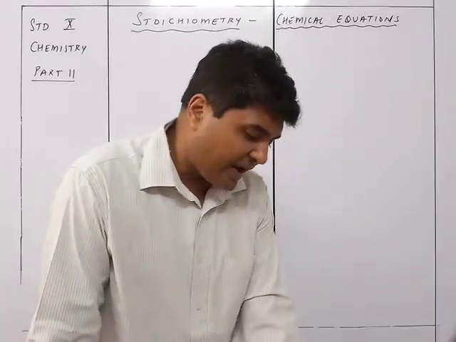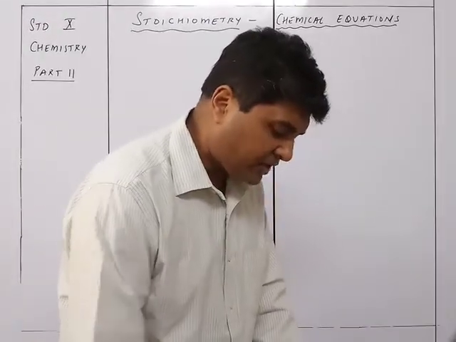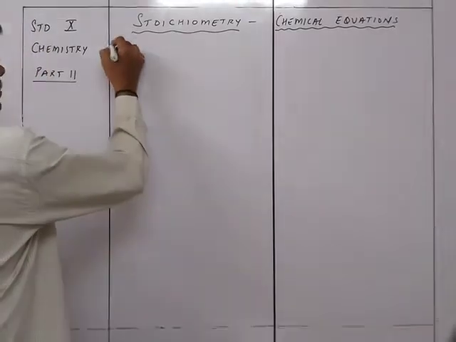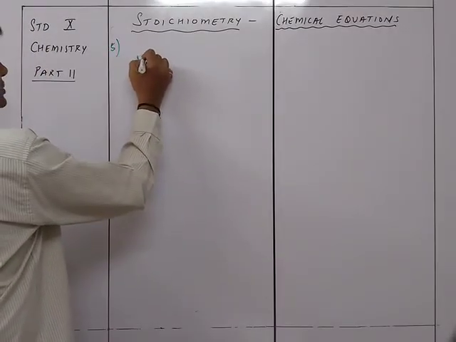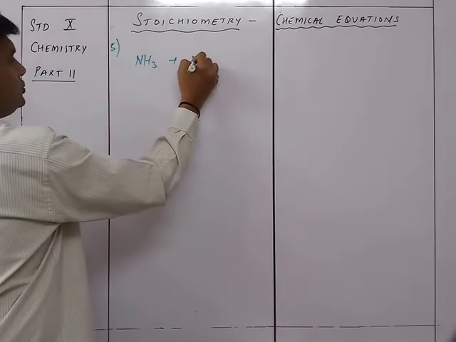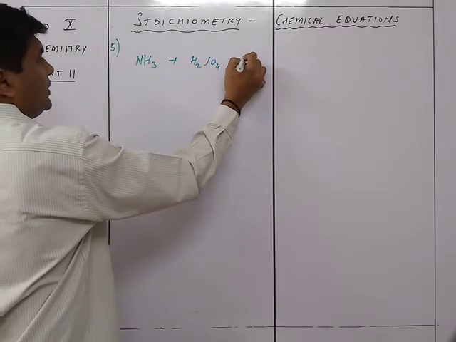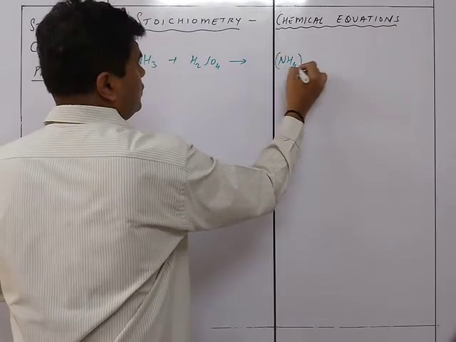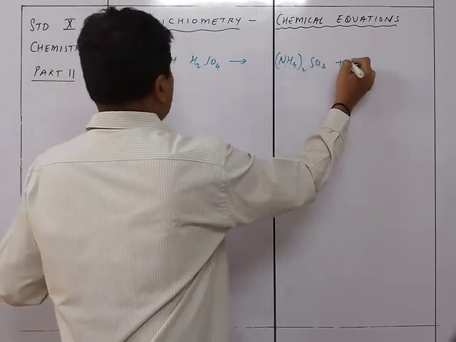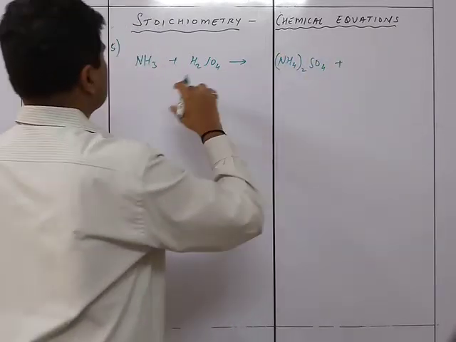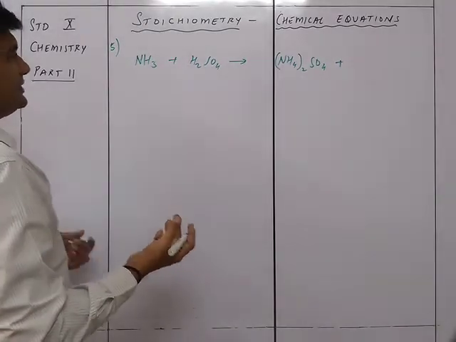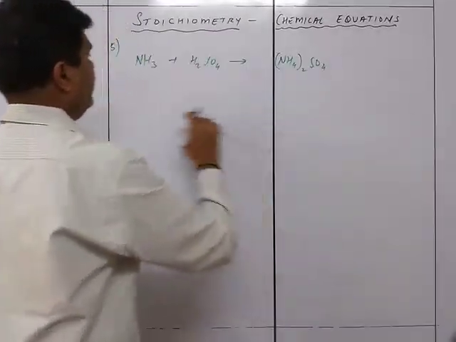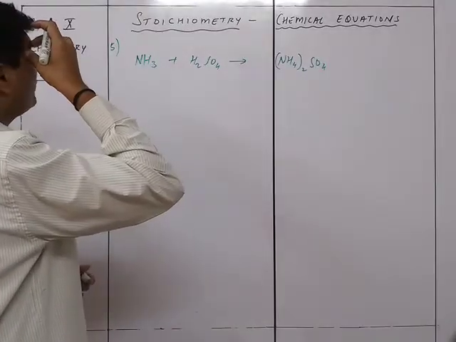Ammonia reacts with sulfuric acid to give the fertilizer ammonium sulfate, given by the formula NH3 plus H2SO4 will give me (NH4)2SO4.